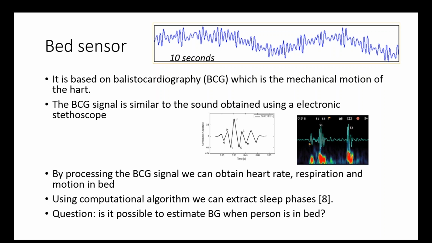I said you could measure physiological variables non-intrusively. I mean non-invasively. This method is based on the ballistocardiogram, which is the mechanical motion of the heart. The ballistocardiogram looks a little bit like the sound that you would hear from the heart using an electronic stethoscope.